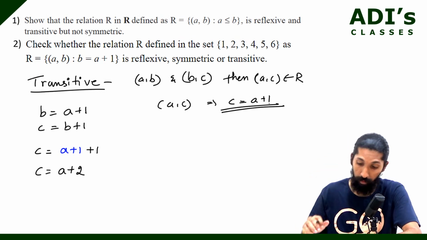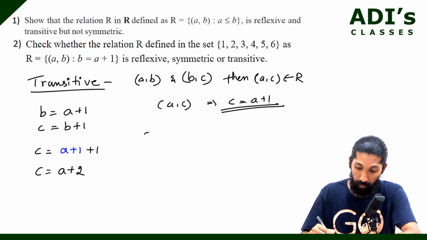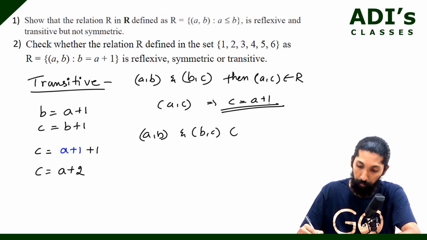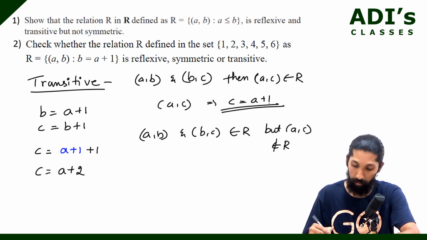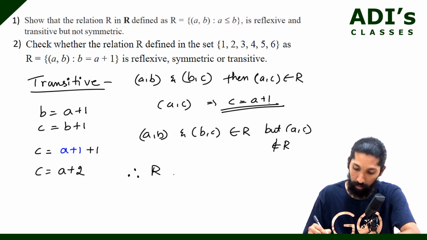So here what do we have? (a, b) and (b, c) belong to R. But (a, c) does not belong to R. Therefore, R is not transitive.